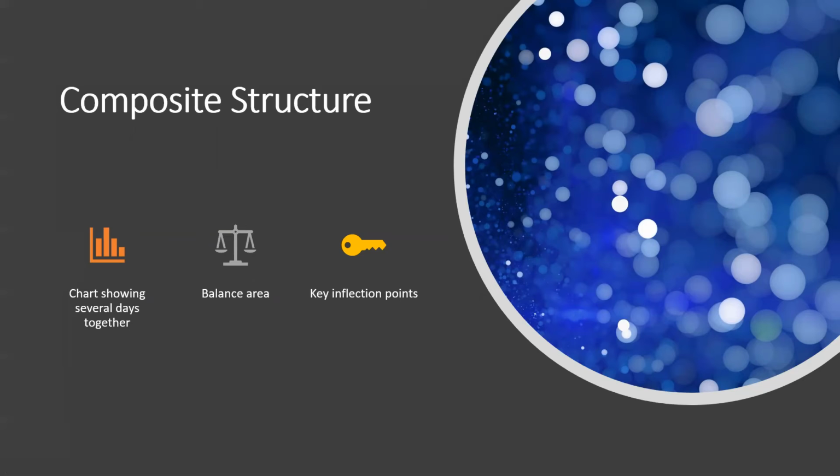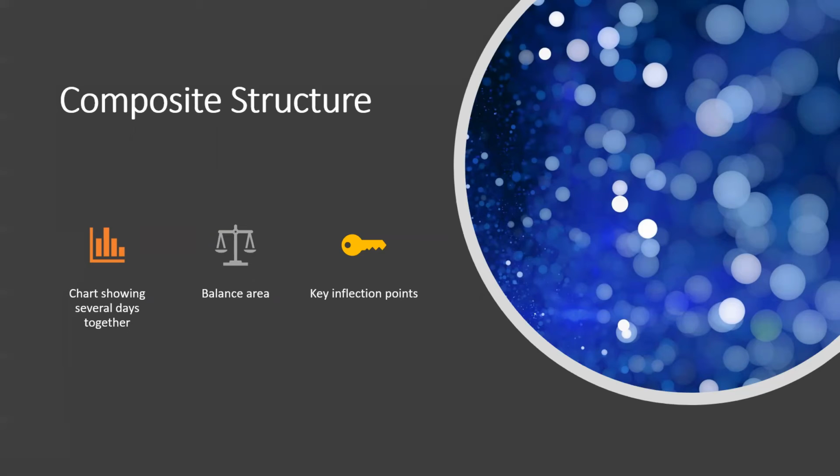It's really important. I might have mentioned something that maybe confused you a little bit: eventually, what you're going to do with market profile and volume profile analysis is create what's called a composite structure. You take a chart and bring a couple of days together, and you constantly build on that composite structure, so it builds on top of each other.